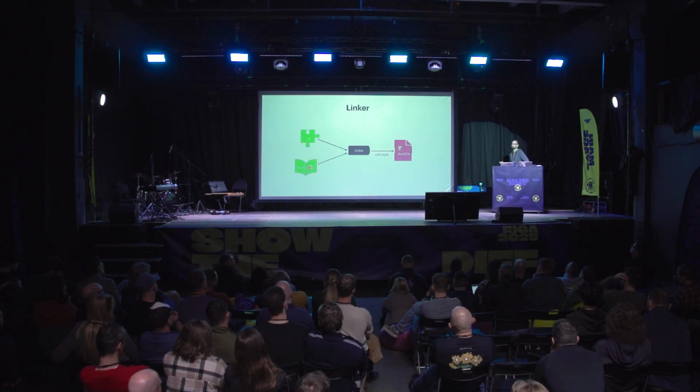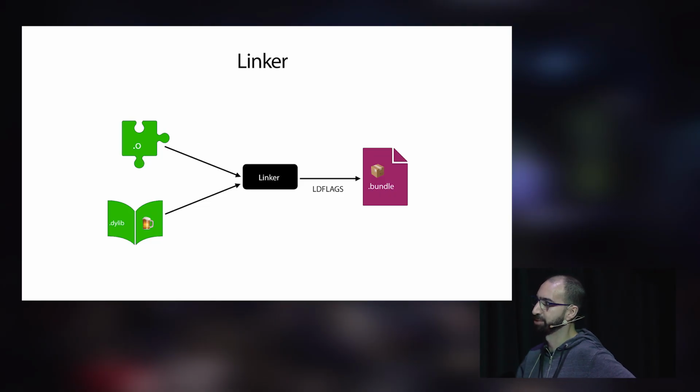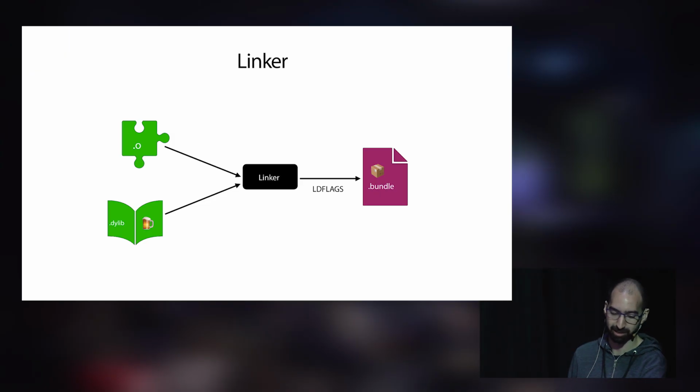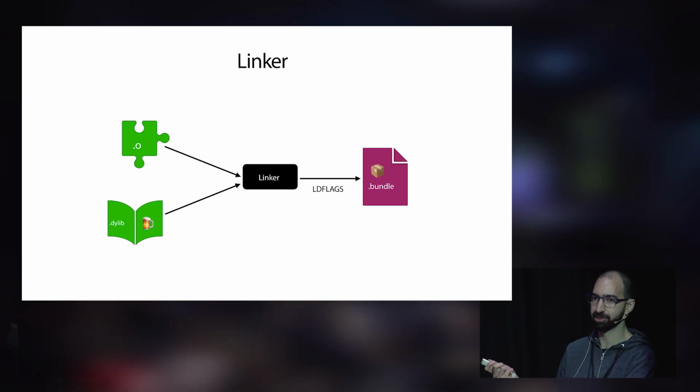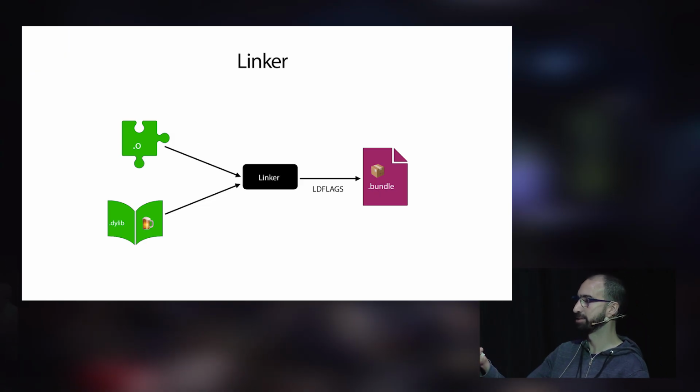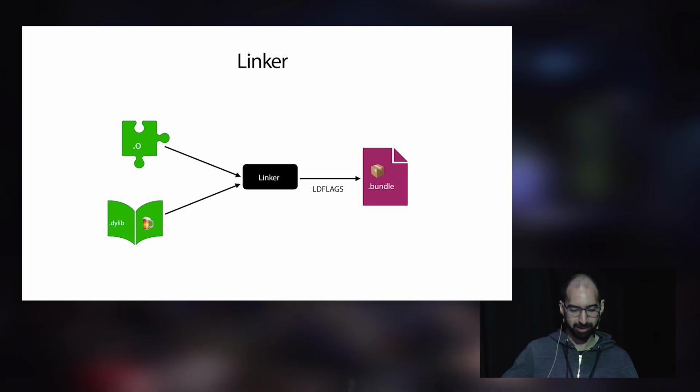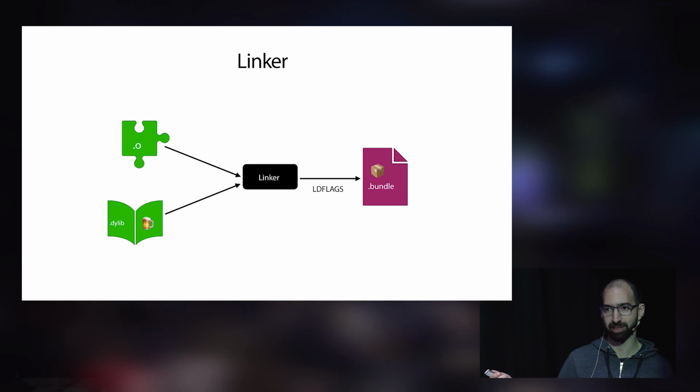The linker can be configured with an environment variable called LDFLAGS. Fun fact, there's no consensus about why the linker flag is called LD. There are two main theories: one is that it stands for loader, and the other that it stands for link editor. No one knows, and it's just lost to the past.